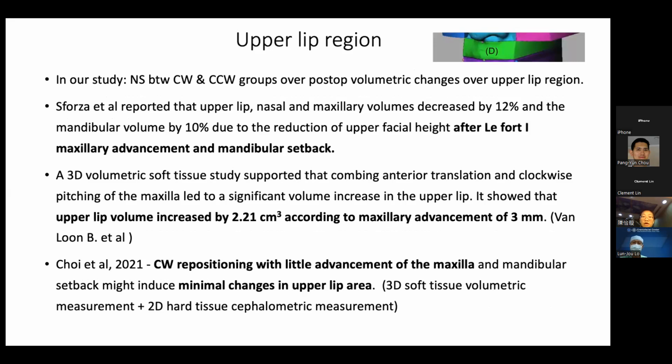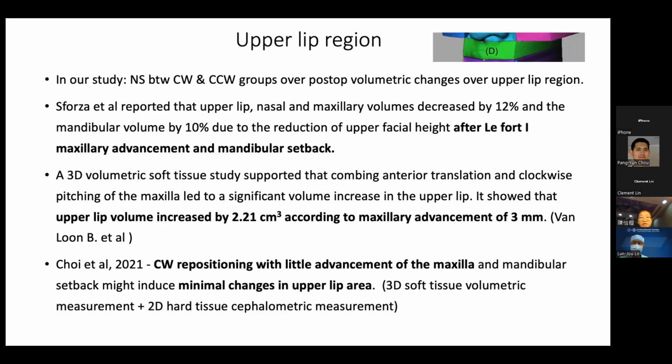And as for the upper lip region in our study, there's no significance between two groups over postoperative volumetric changes. A previous study reported that the upper lip decreased about 12% due to the reduction of upper facial height after the Le Fort 1 maxillary advancement and mandibular setback.